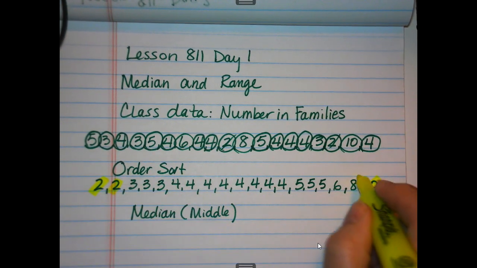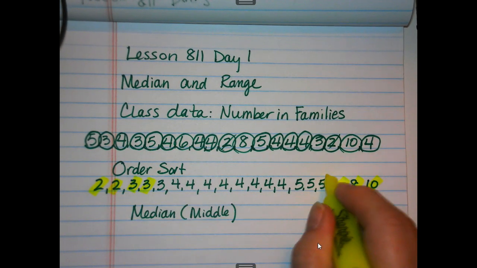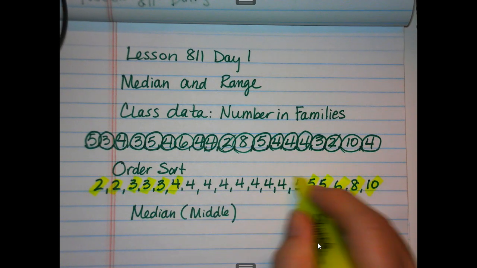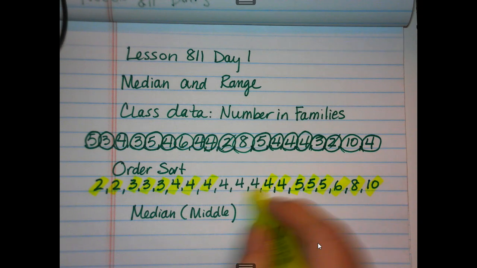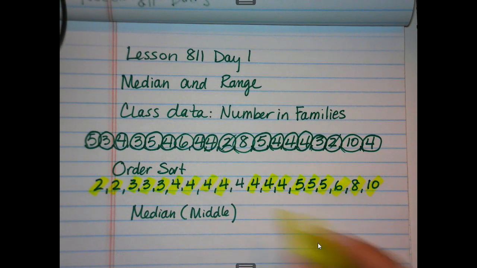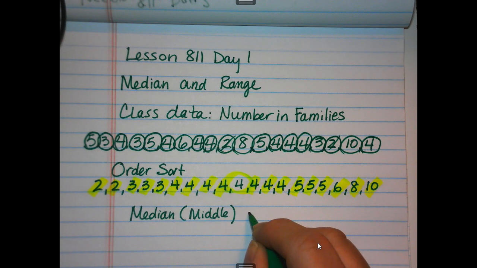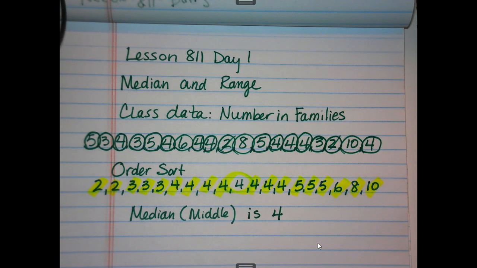Here's another one. And I end up with the number 4 as my median. So that is my middle number of this whole set of data.